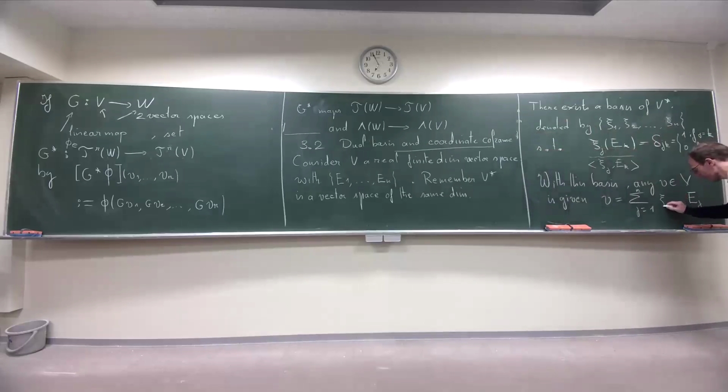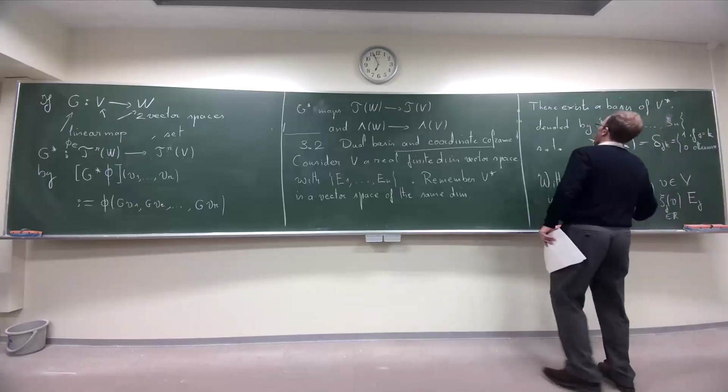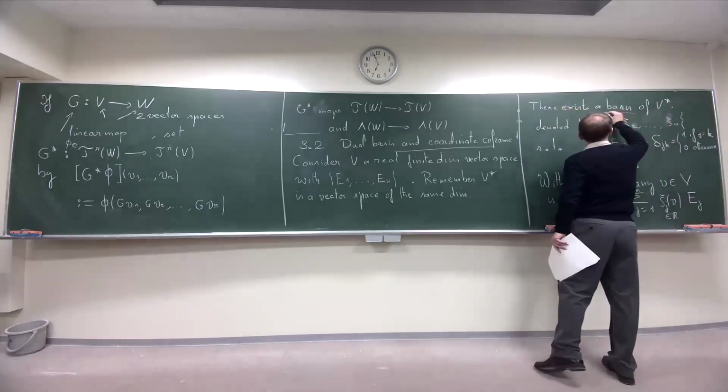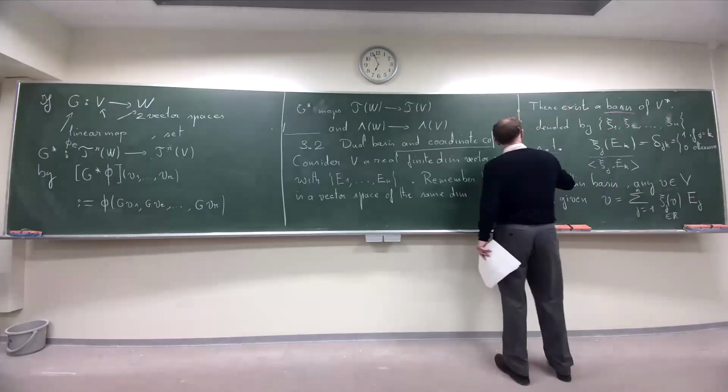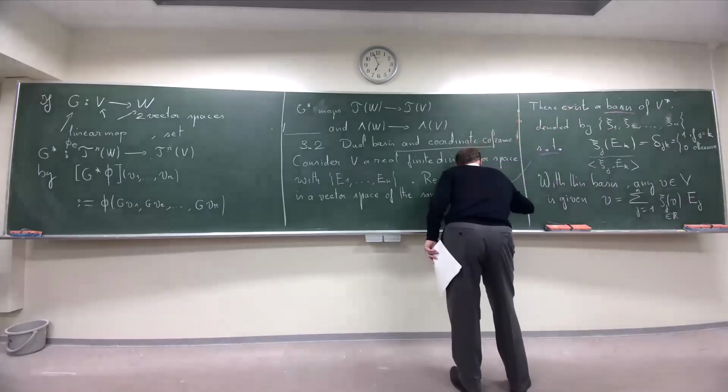You apply psi j on V. It's a one-line exercise to check that. You can always decompose on a basis, but the exercise is to check that these coefficients, which are real numbers, are given by this. A basis satisfying this is called the dual basis.